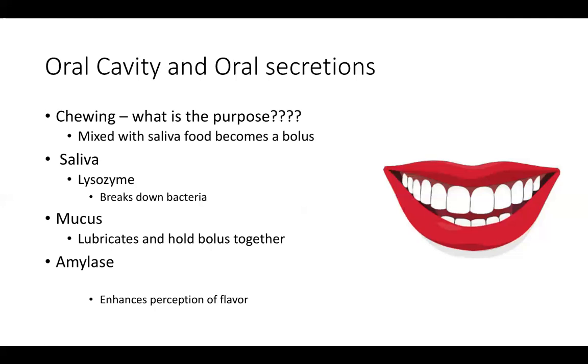And we don't necessarily eat food in clumps, but during the chewing process and when the food passes into the esophagus, it forms what we call a bolus. Amylase is an enzyme in our mouth that helps break down starch. And actually, as that starch breaks down, the flavor becomes a little bit sweeter.